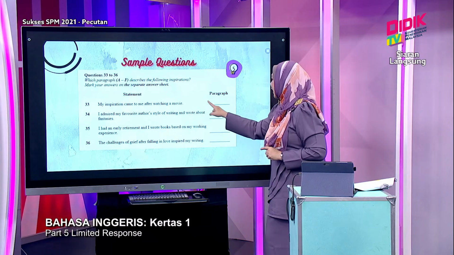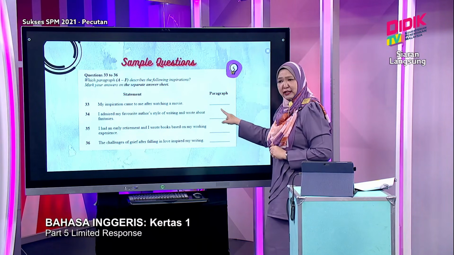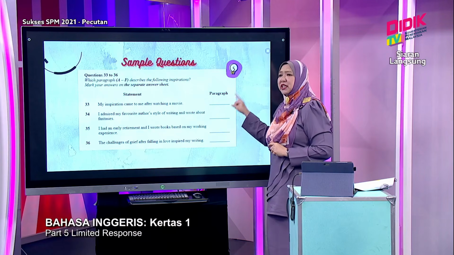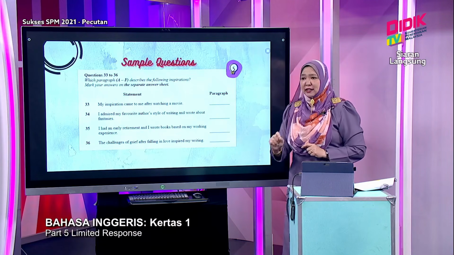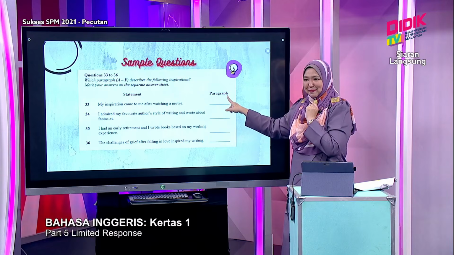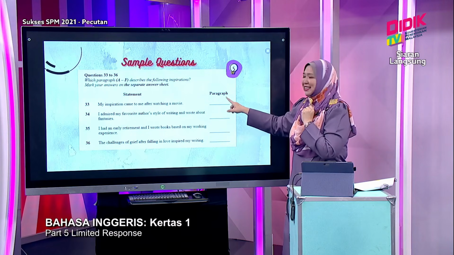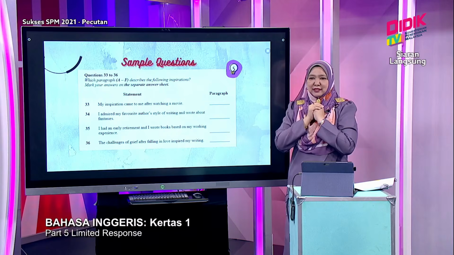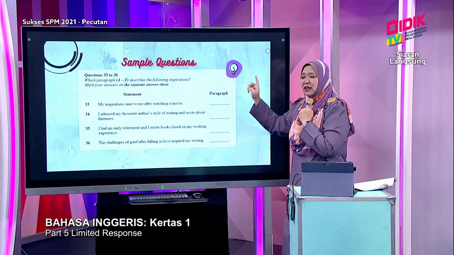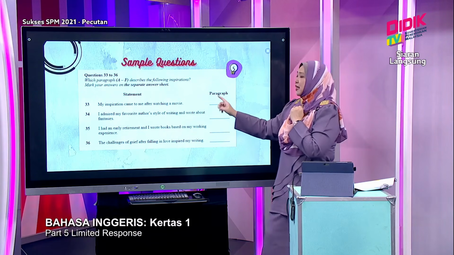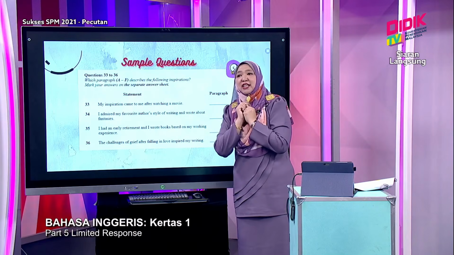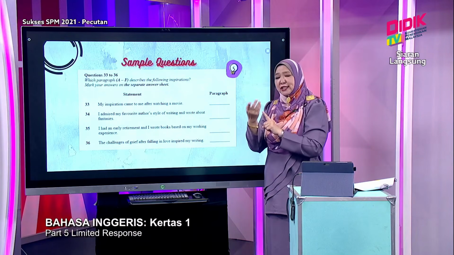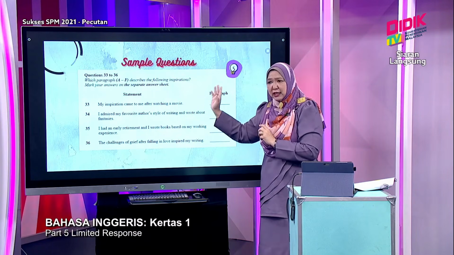So it's stated clearly here that you need to give paragraph, not name. Not Martin Clark. Not name, not person here. So this is paragraph. Okay, so this is what I mean when we say read the instruction carefully. So this is the first task, 33 to 36.